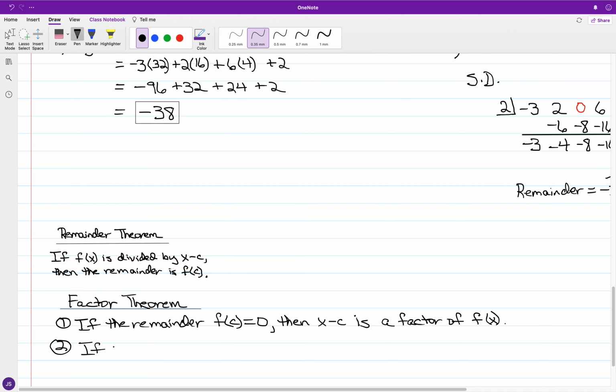And second, if the remainder f of c does not equal 0, then x minus c is not a factor of f of x.